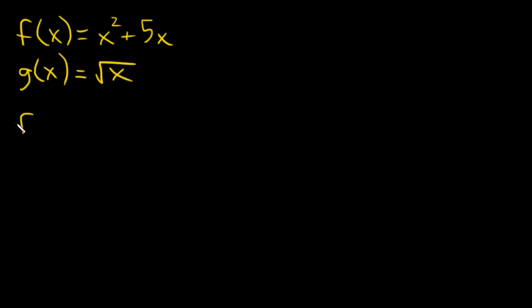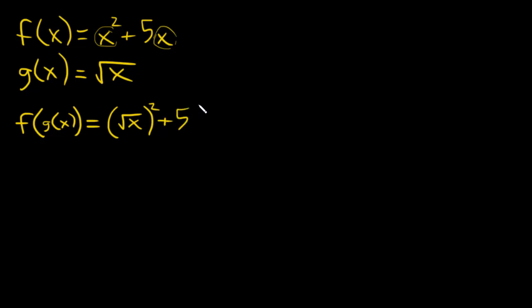What would f of g of x be? Well, I'm just going to replace every x in the original expression with g of x, what its value is. So this is going to be root x squared plus 5 times root x.